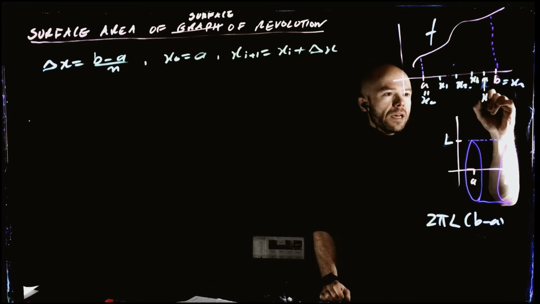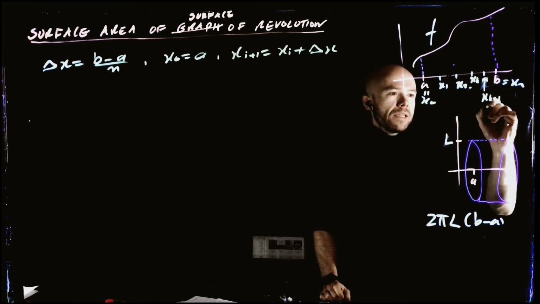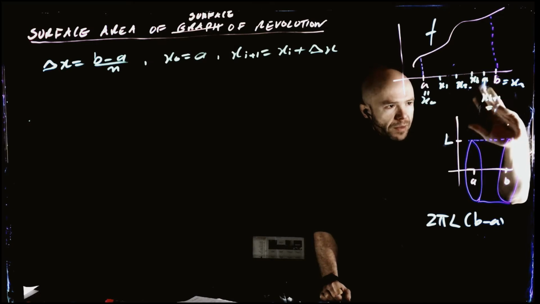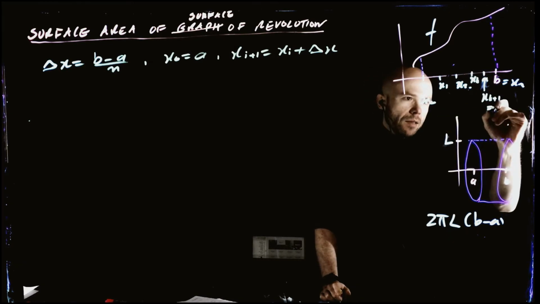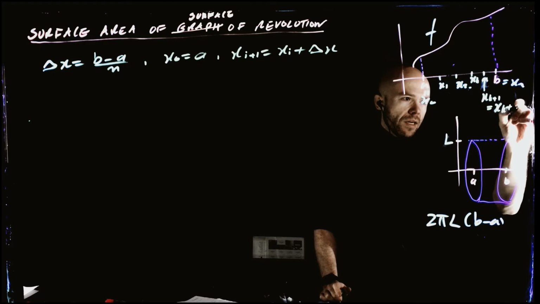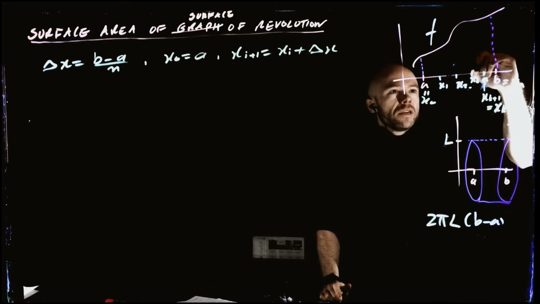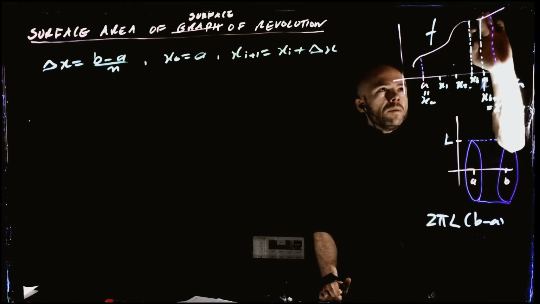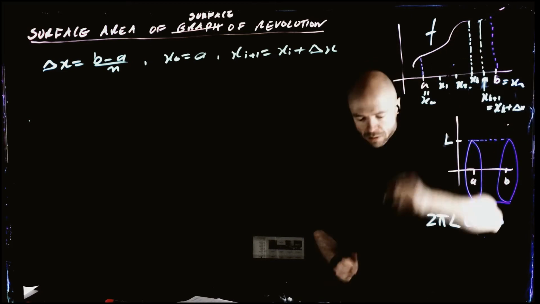This here is xk plus 1, but that's the same as xk plus delta x, because every time we move from xk to xk plus 1, we just move along by delta x. We're going to consider this particular strip. Let's make the graph a bit more interesting on this part.